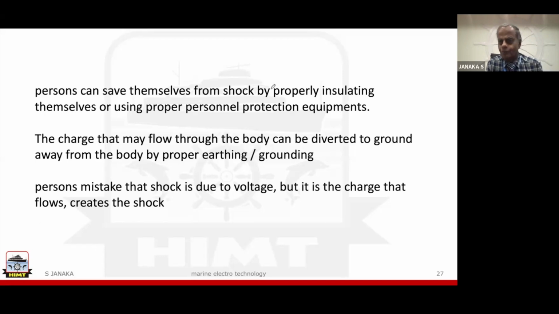Persons can save themselves from shock by properly insulating themselves or by using proper personal protection equipment. That is one method. The second method is by providing a diversion path for the charge to flow. Normally we can provide an earthing or grounding system which may divert the current, so that instead of flowing through the body, it goes to the ground.